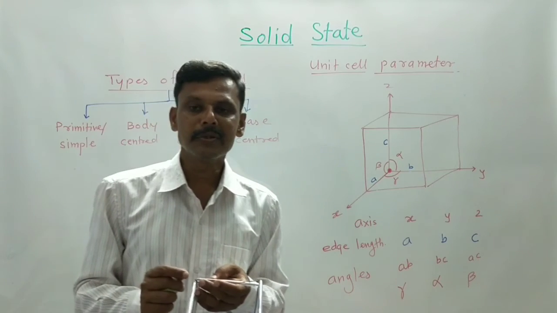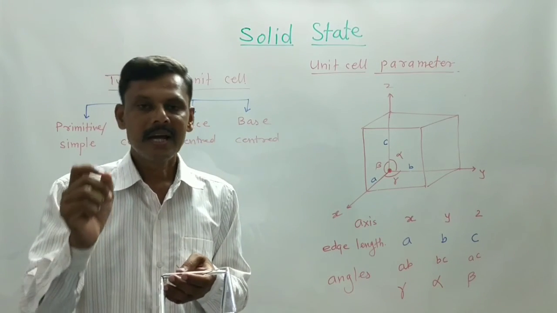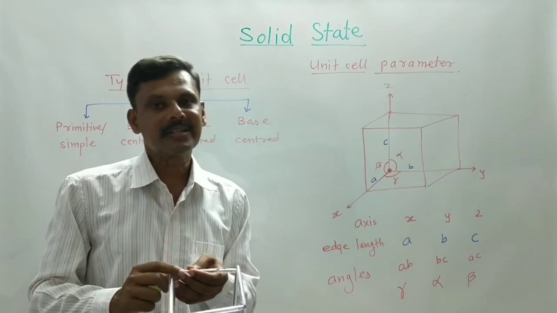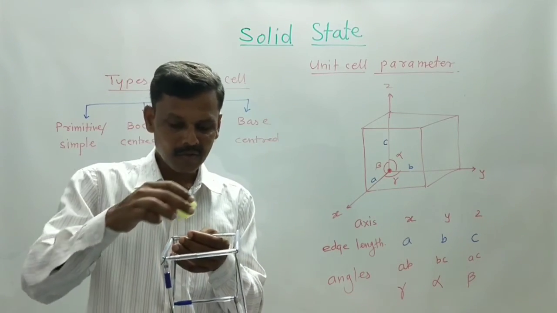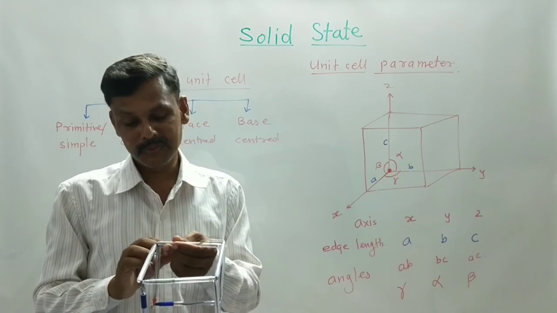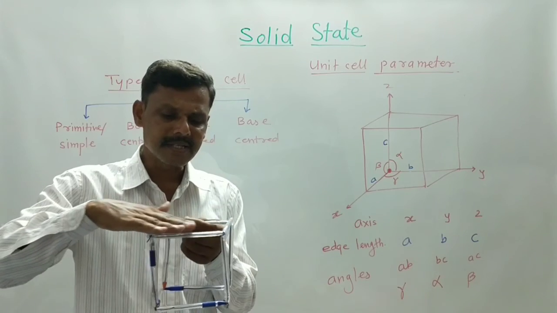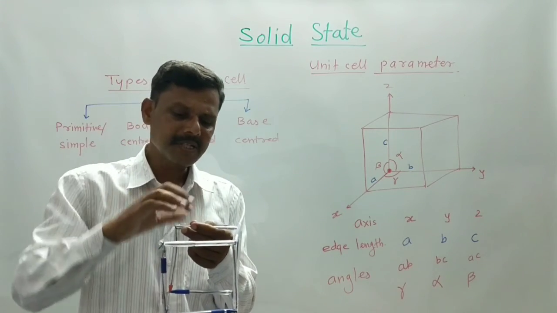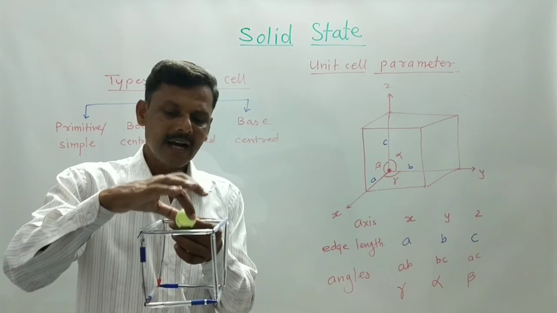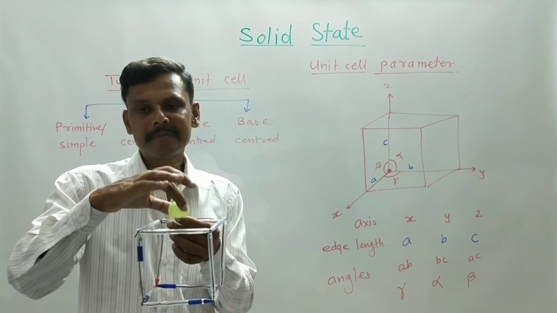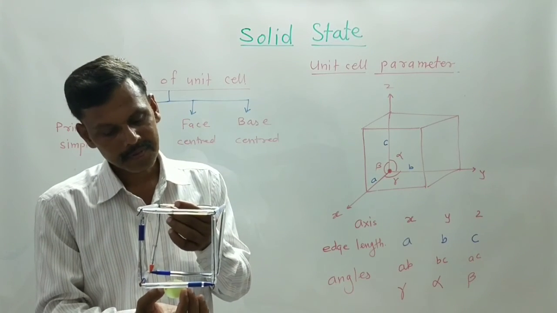And the last one is base centered unit cell. In a base centered unit cell, constituent particles are present at the center of any two faces. That means if one particle is present at the center of this face, then another particle is present at its opposite face.